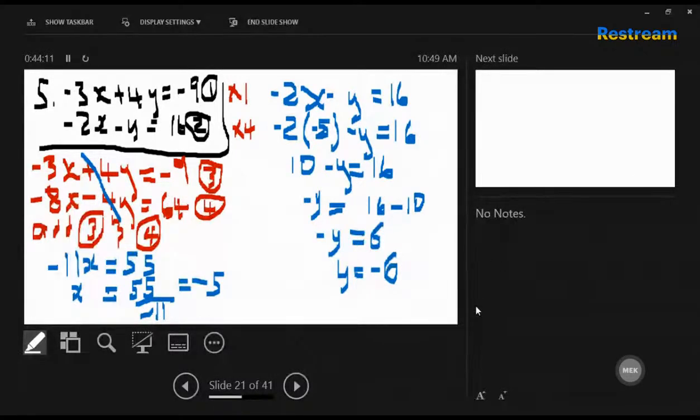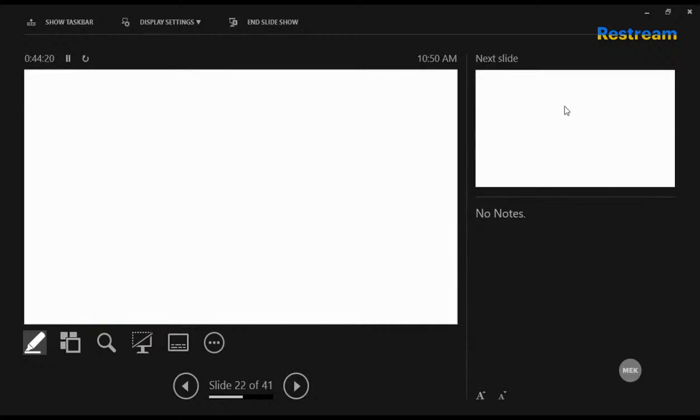All right. So we're moving along. We have 3 more to go. And number 6. For number 6, the first equation is very simple.